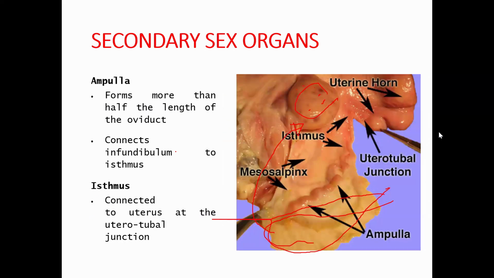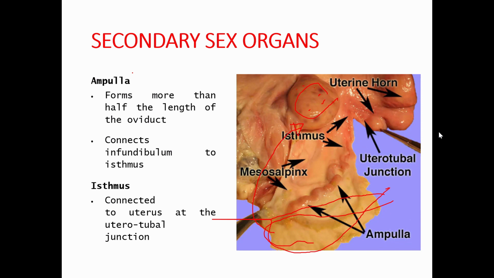So another one, we have another segment of the oviduct. Oh, by the way, the other names for oviduct are fallopian tube, uterine tube, and salpinx. I hope this one ay naalala ninyo. Okay, so for the ampulla, this is a connection in between the infundibulum and the isthmus.